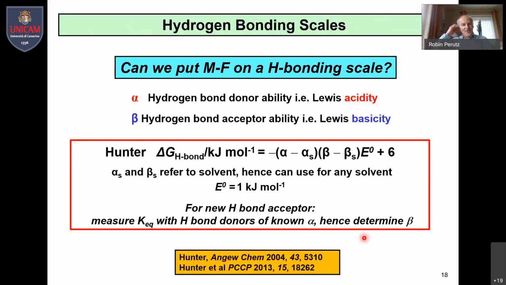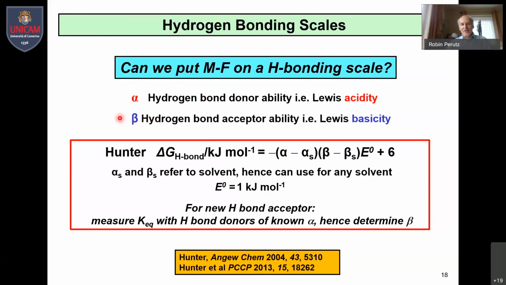Now, I'm not going to go over this in detail, but what we wanted to do was put these metal fluorides on a standard hydrogen bonding scale. So these scales typically have a parameter for Lewis acidity for the hydrogen bond donor, that's alpha, and another one, beta, for the hydrogen bond acceptor ability, the Lewis basicity.